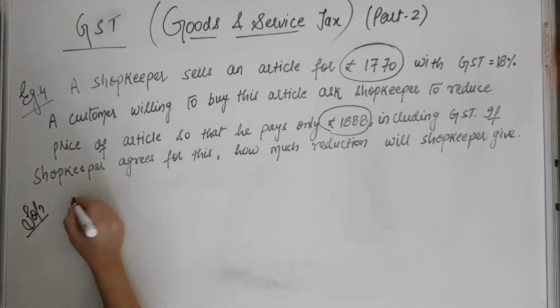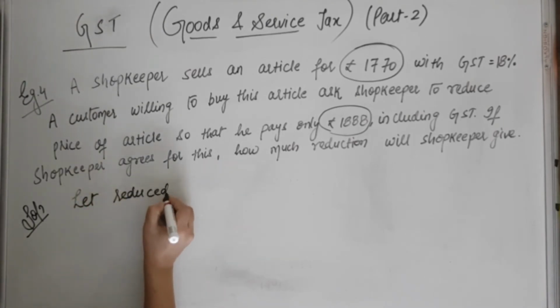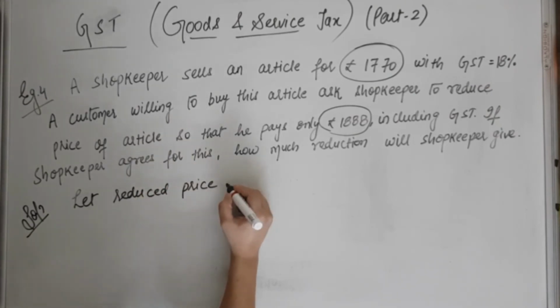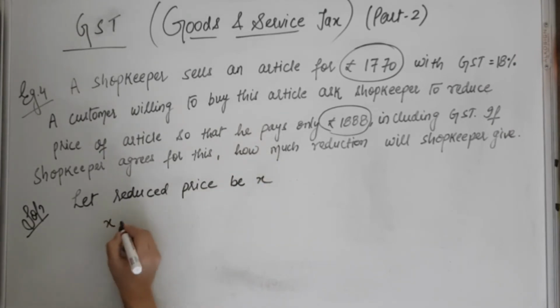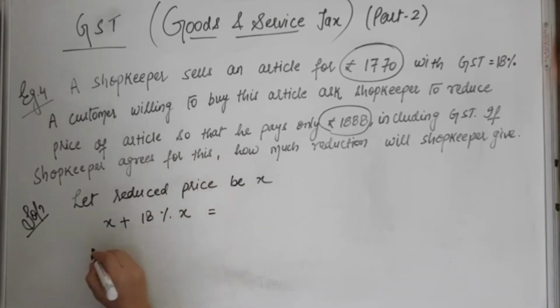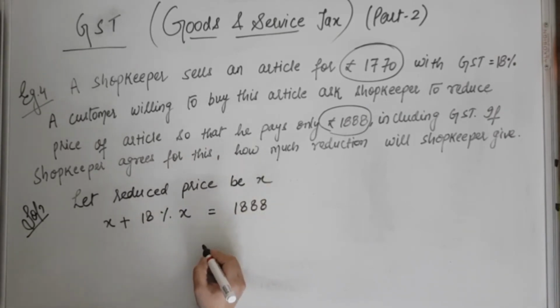So we will assume, because we don't know at what price shopkeeper gave him, let the reduced price be x. Now on this x price, he has to pay 18% GST, and total he gave 1888.